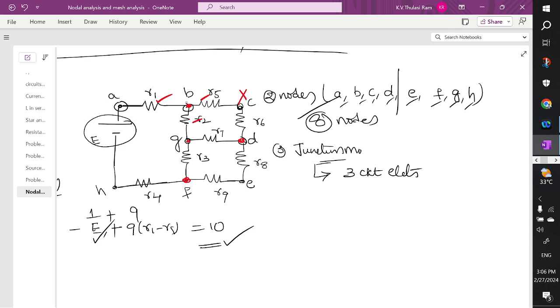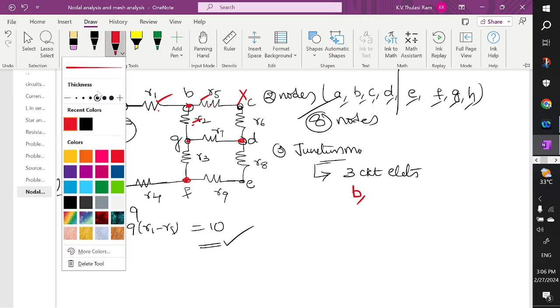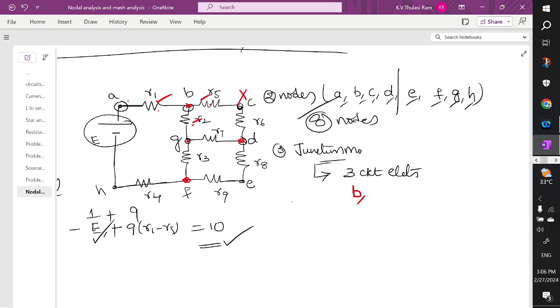So B is a junction point which is linking 1 2 3. Next junction point is D, and this is one more junction point joining three elements.